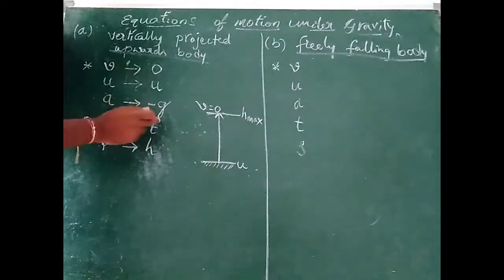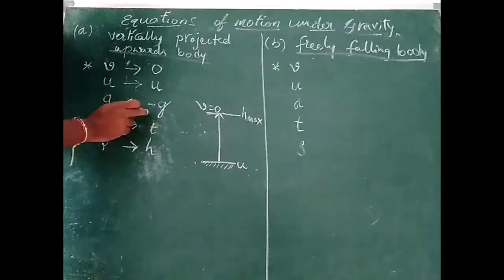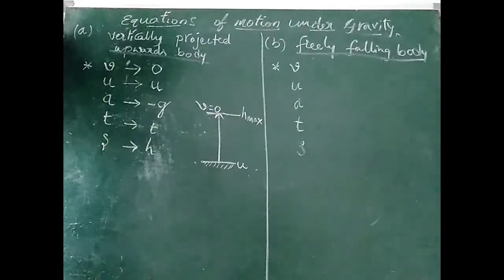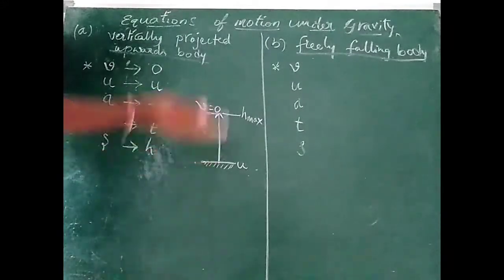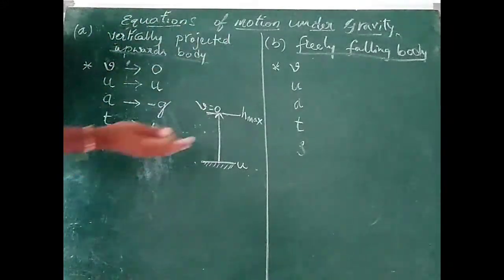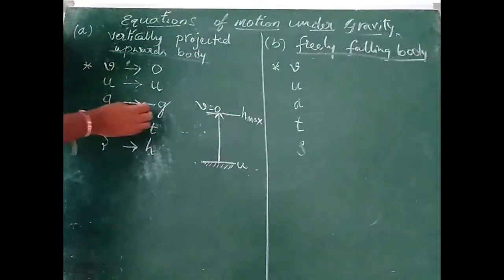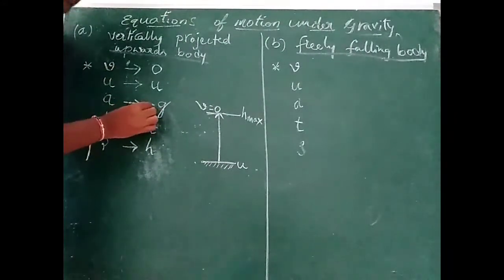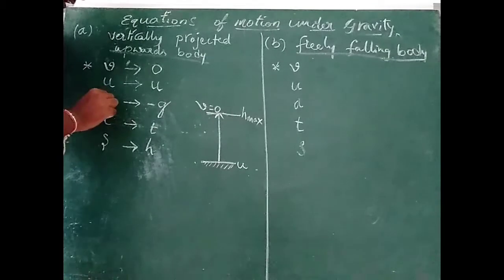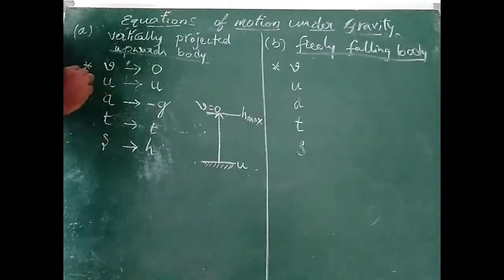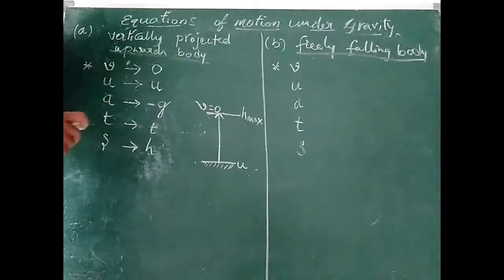So A becomes G. Then why is it minus? Because the body is moving in vertically upward direction against gravity, opposite to gravity. So the minus sign indicates opposite direction to the gravity. That's why A becomes minus G in the case of vertically projected body.